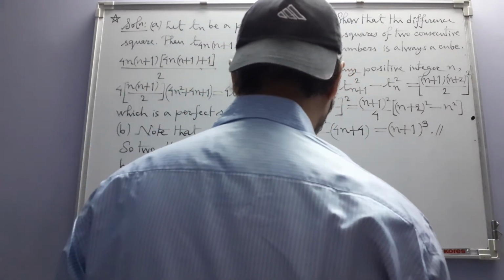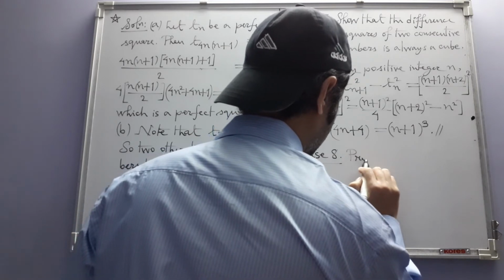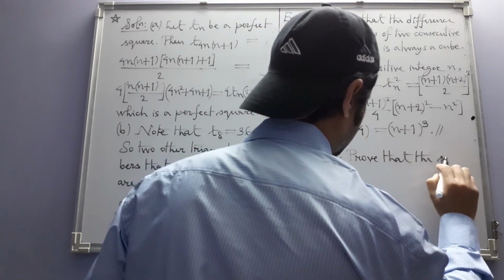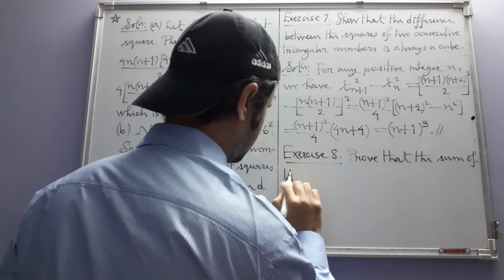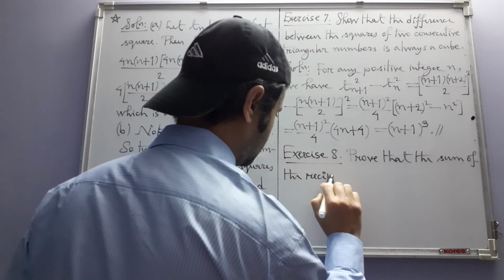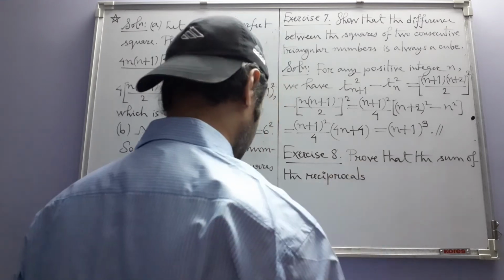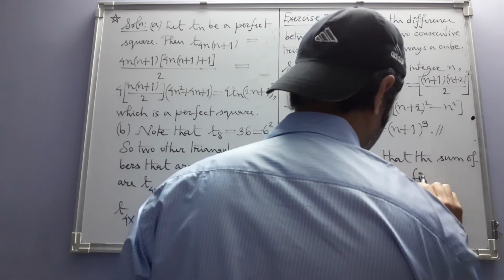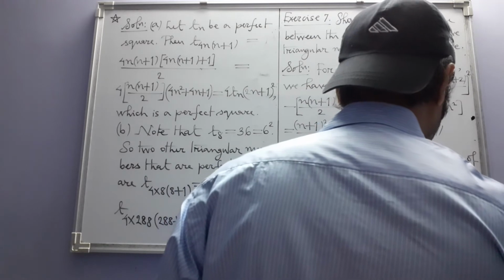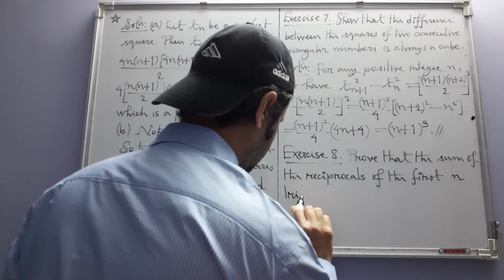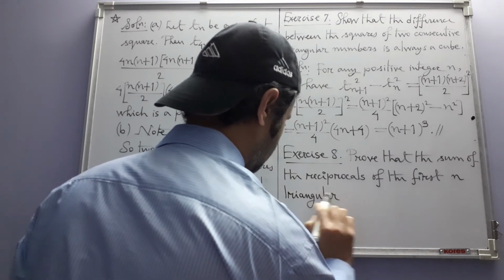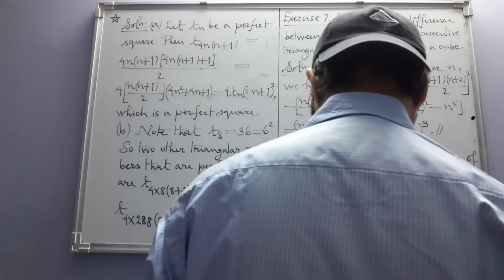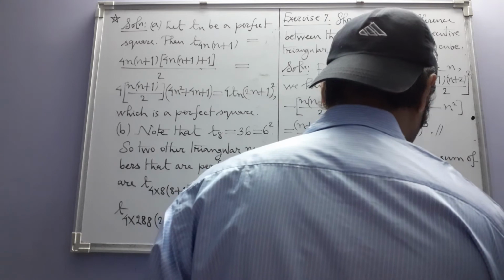Prove that the sum of the reciprocals of the first n triangular numbers is less than 2.